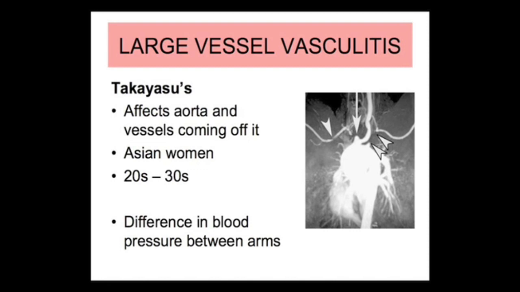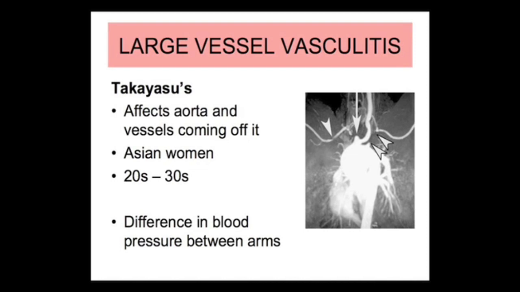Now, what happens in Takayasu's is that we get inflammation of the blood vessels coming off the aorta and even the aorta itself, and this can actually lead to stenosis of these blood vessels. So here we can actually see one of the blood vessels coming off the aorta, the brachiocephalic, has actually been stenosed.